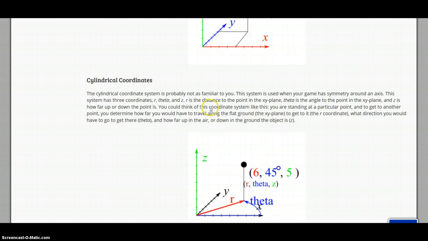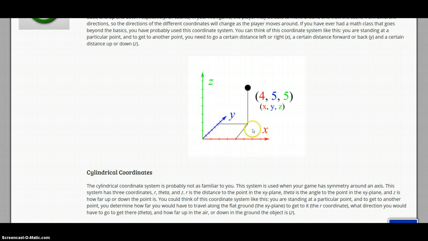In Cartesian, the x and y represent the position on the plane, and the z is the height, how much in the air the point is, up or down.